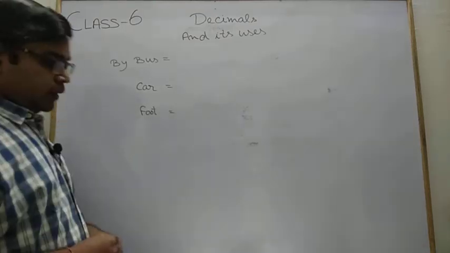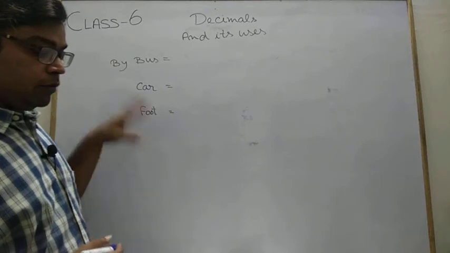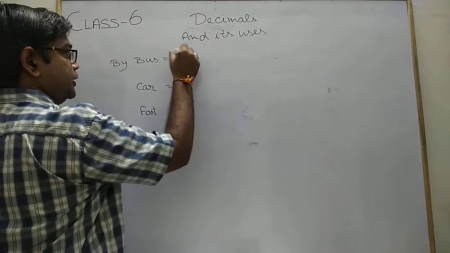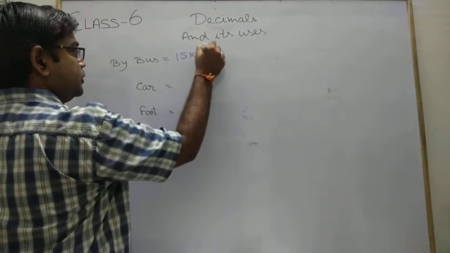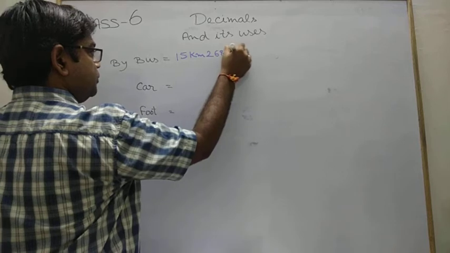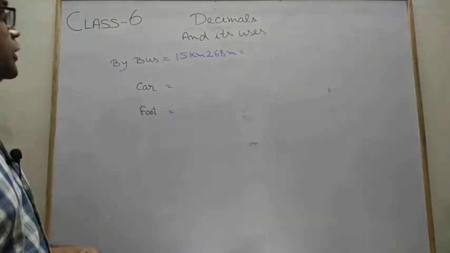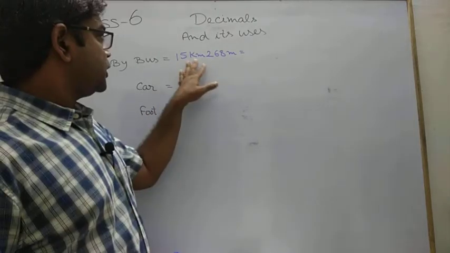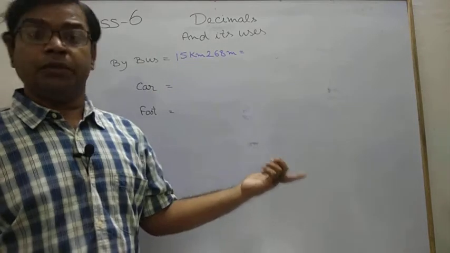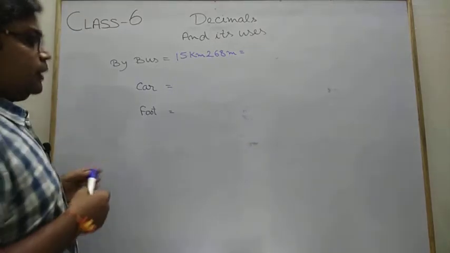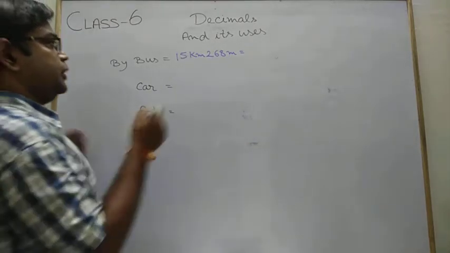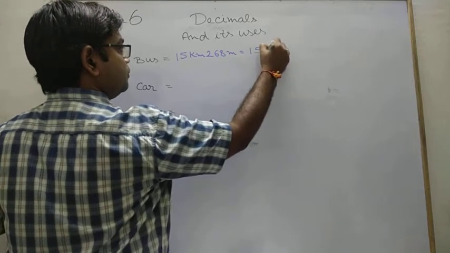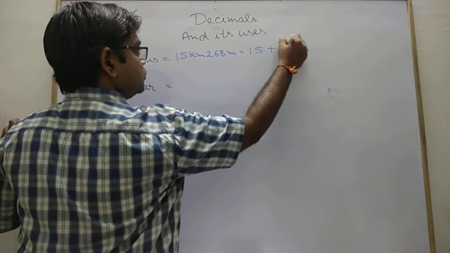Here it says that Sunita traveled 15 kilometer 268 meter by bus. We have to convert this completely into one unit, either kilometer or meter. Here I am going to convert into kilometer, which is easier for you and us also. 15 kilometer plus 268 meter.